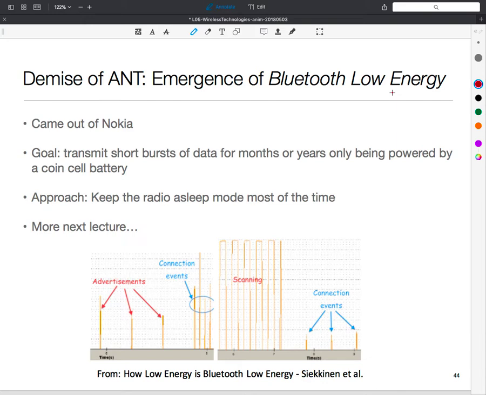The approach really is we want to keep the radio asleep most of the time. So you want to get radios into a state where, firstly, they can be woken up rapidly and put to sleep rapidly, so that's very important. They should be optimized for very small message sizes.